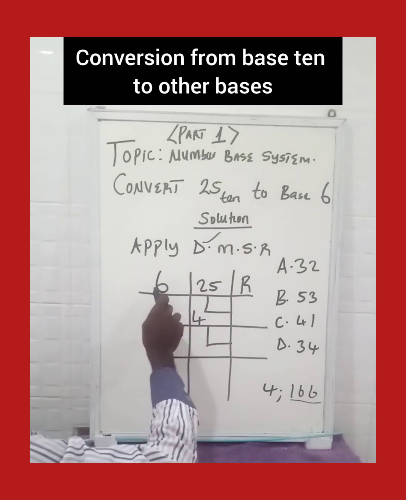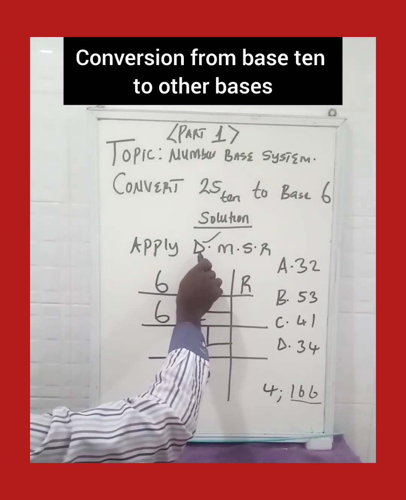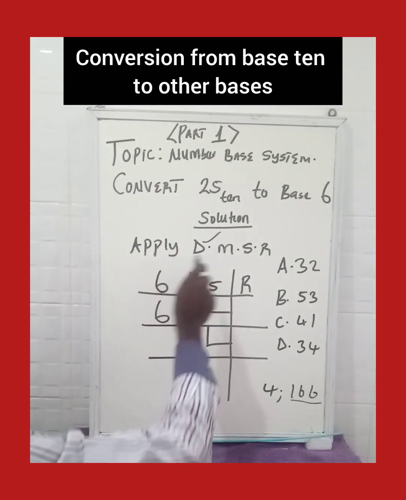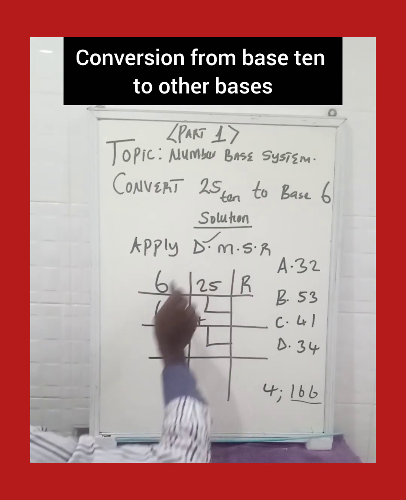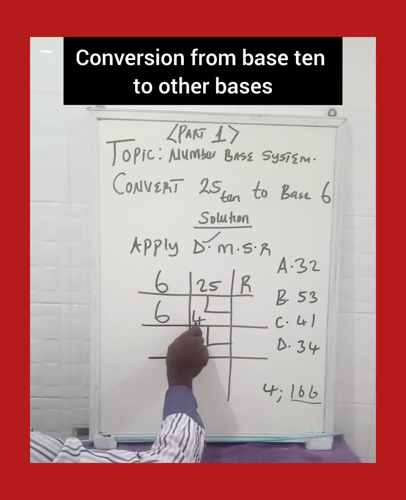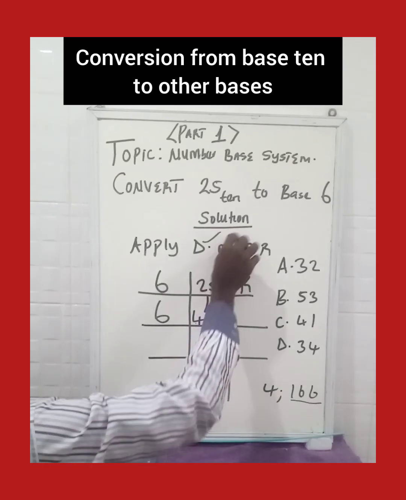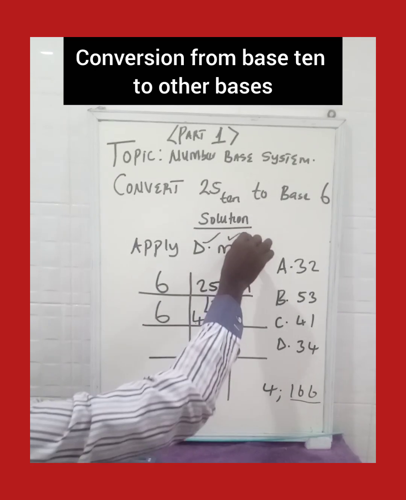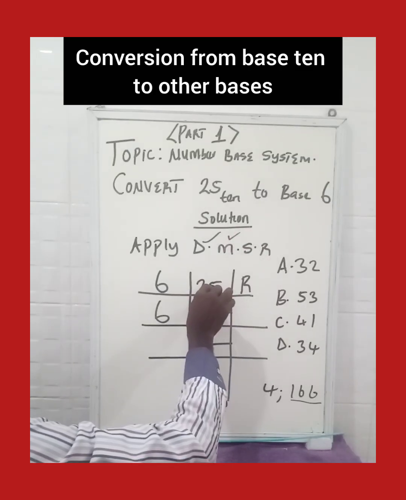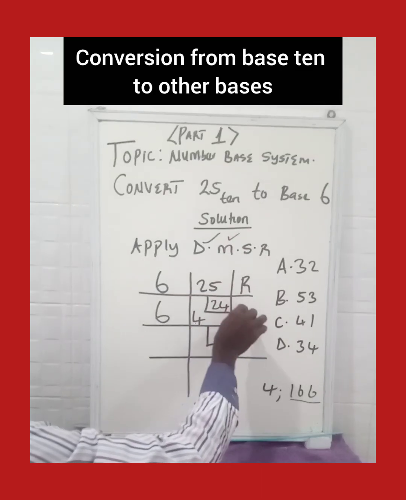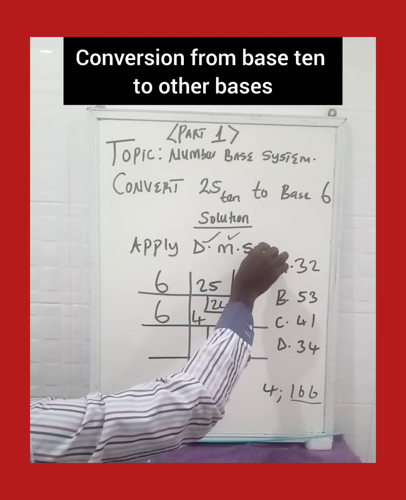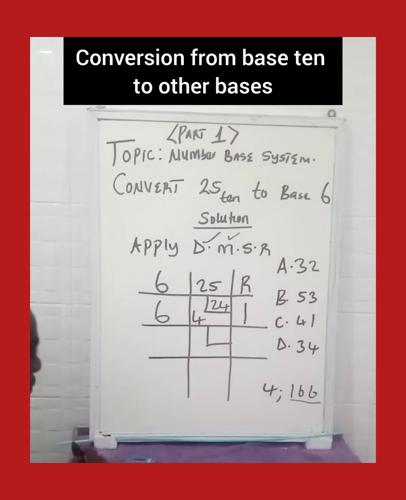By saying 25 divided by 6, I've already used D, which stands for division. The next is multiply, which is M. 6 times 4 will give me 24. I've already multiplied. The next, I'm going to subtract. 25 minus 24 will give me 1. So my remainder, which is record, is already 1.